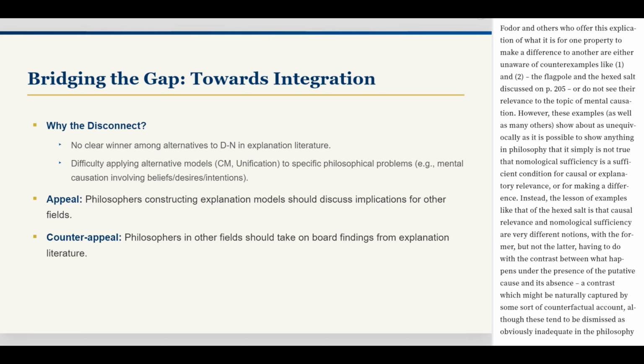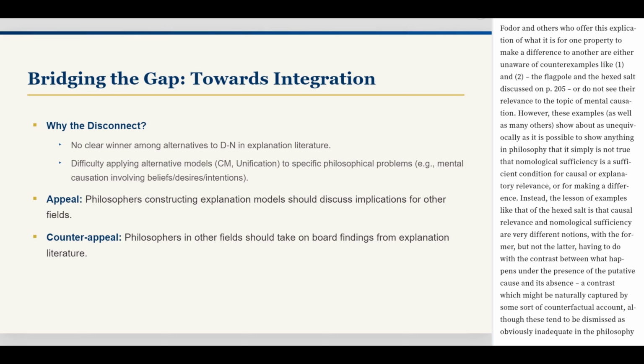Why this disconnect? Several reasons. Firstly, there's no single universally accepted successor to the DN model in the explanation literature. Secondly, applying these newer, more complex models like Salmon's causal processes or Kitcher's unificationism to specific philosophical puzzles, like mental causation involving beliefs and intentions, is often difficult to see how it would work.